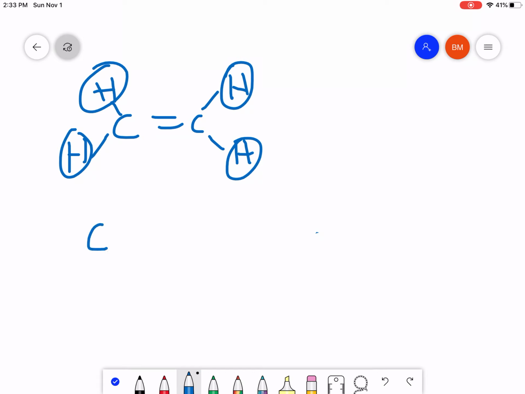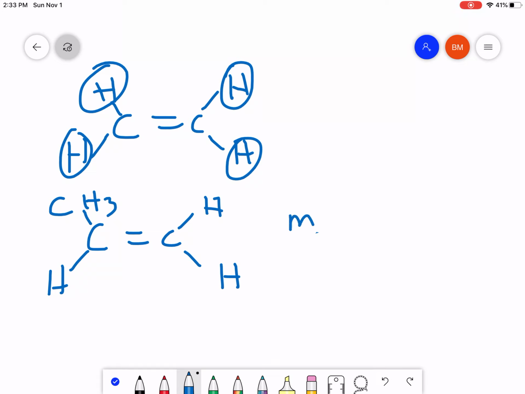So if we tweak this a little bit, I don't know, let's just put a CH3 right there. I've taken away one of the H's, one of these four H's, and I've made it into a monosubstituted alkene, right?